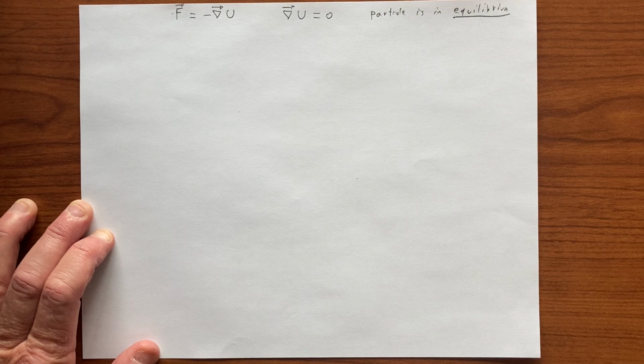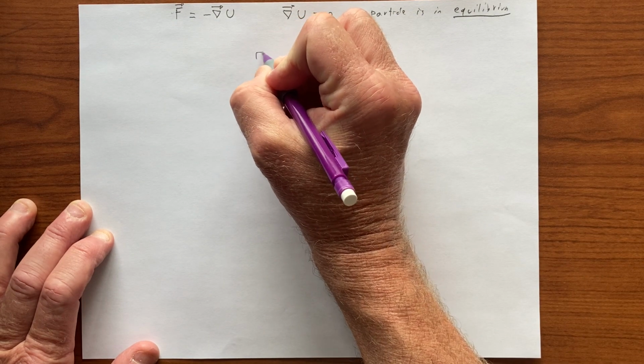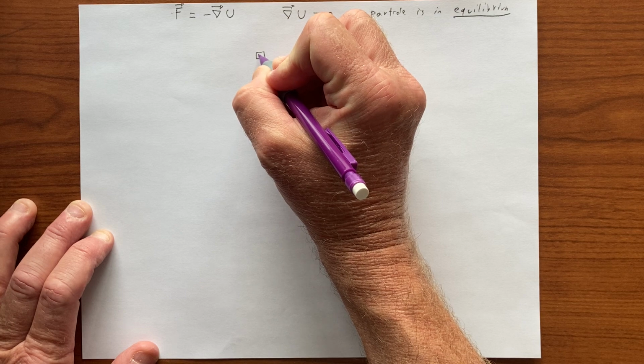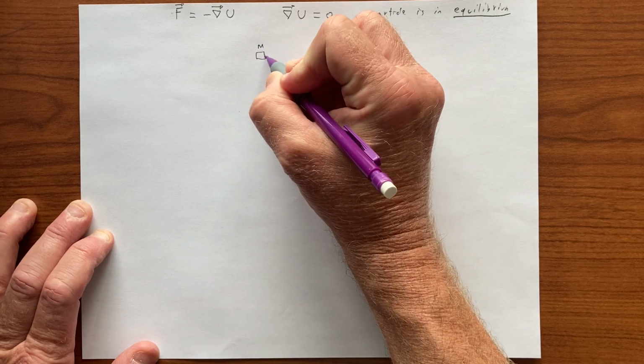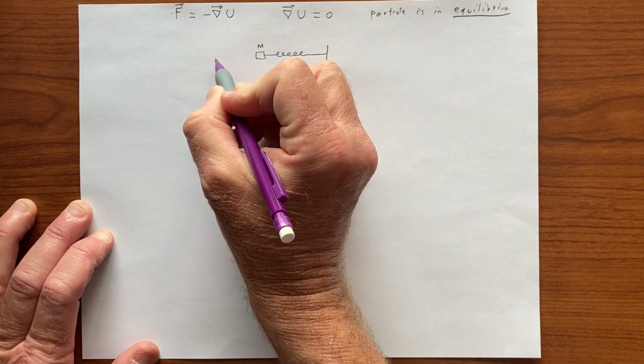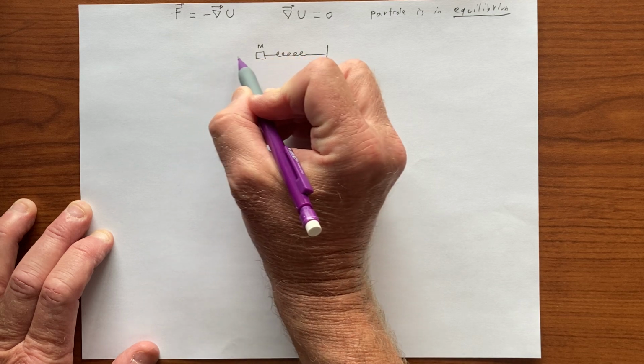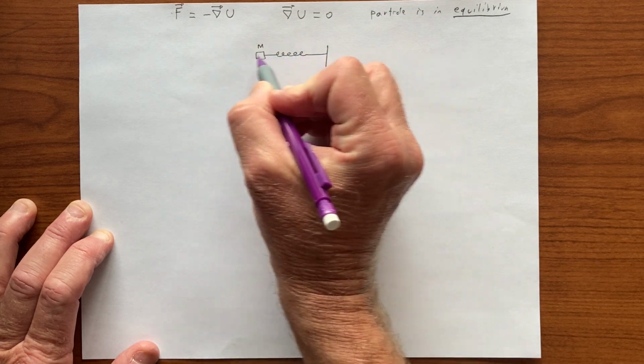An example of this is the spring, right? So we have a particle of mass m attached to a spring. We pull it this way. So let's say it's in equilibrium there, and we stretch it this way. It'll be pulled back this way, and it'll oscillate about this point.